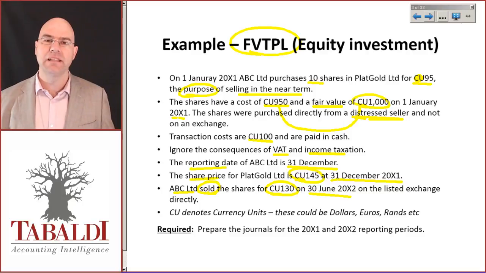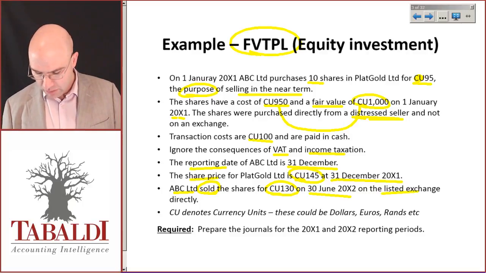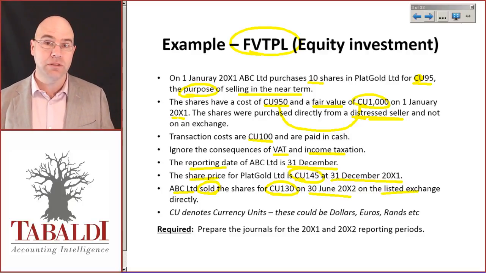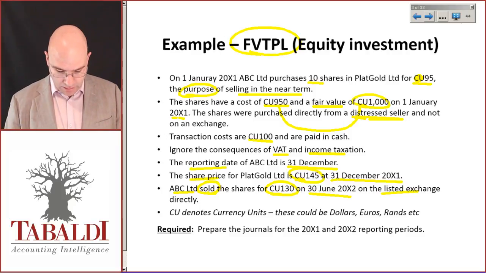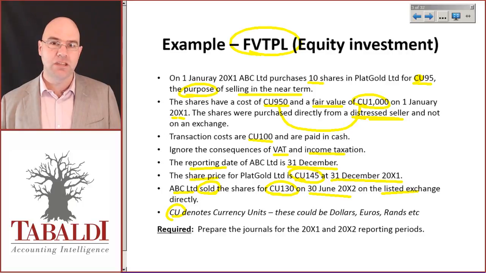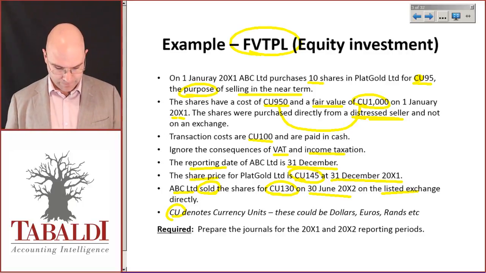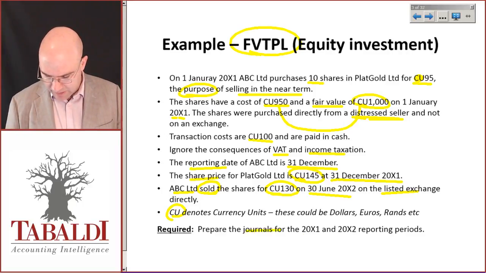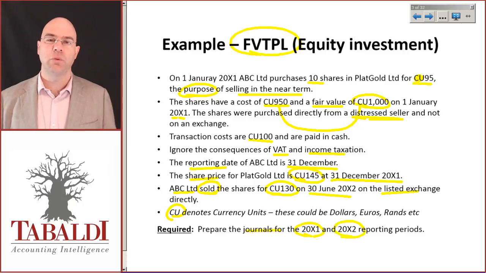And they sold that on the listed exchange directly, so we can assume that the 130 equals fair value. Just take a note, currency unit is represented by CU, so I'm not using rands or dollars or euros. So prepare the journals for me, please, for 20X1 and 20X2.